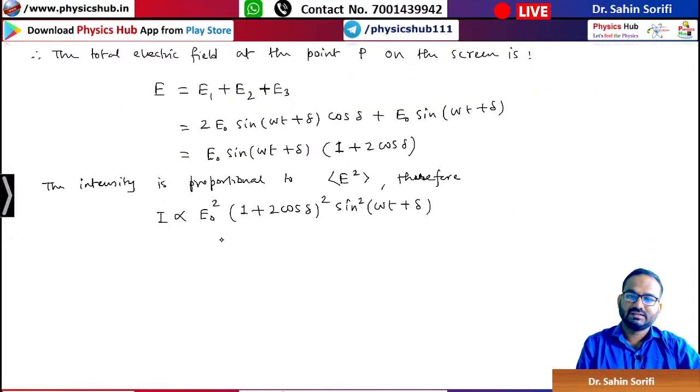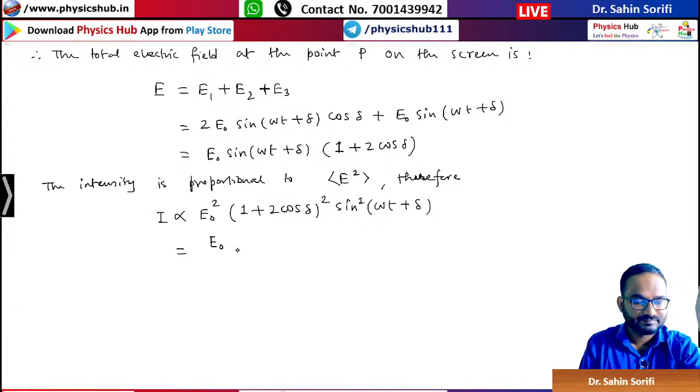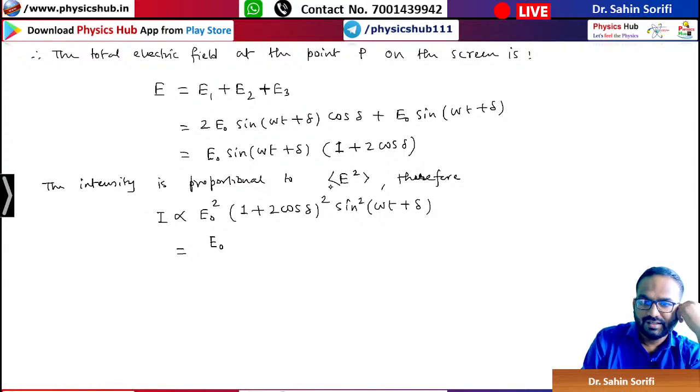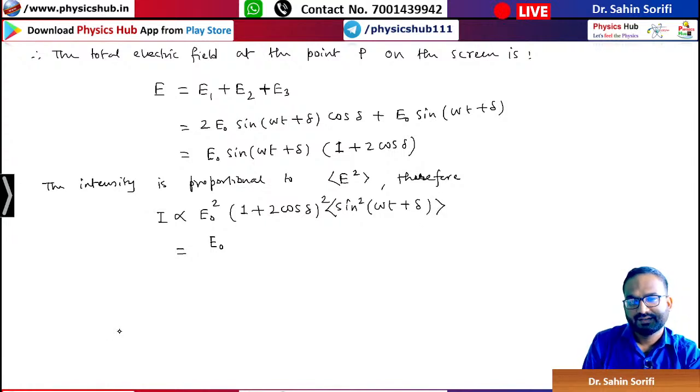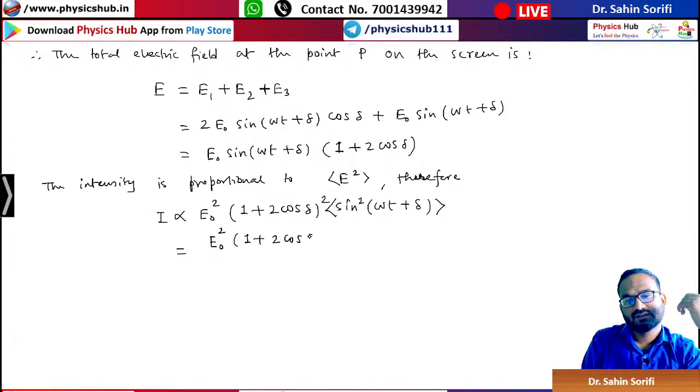This part does not involve the t factor, so we take the average on this variable function. Now (1 plus 2 cos delta) whole square is constant.